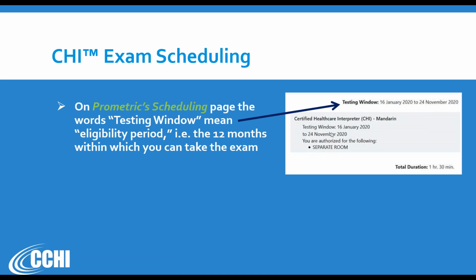It doesn't mean that it's one long testing window. Within these dates, there are 3 testing windows which are listed on CCHI's website. The first testing window is January 16th through March 14th, and then there are April, May, July, August, and October, November testing windows.